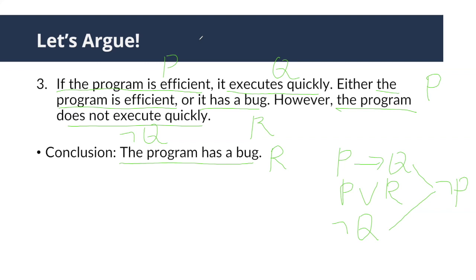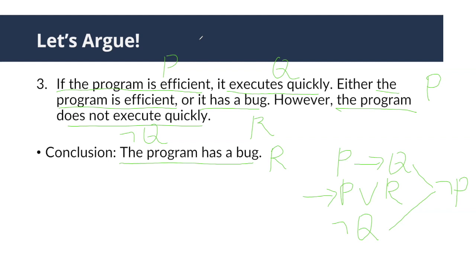Therefore, we need to transform the second premise into a different form. But what form should we transform it into? Now, if you go back and check the 5 inference rules, 2 of them have implication in it. So let's try to transform this OR into an implication.